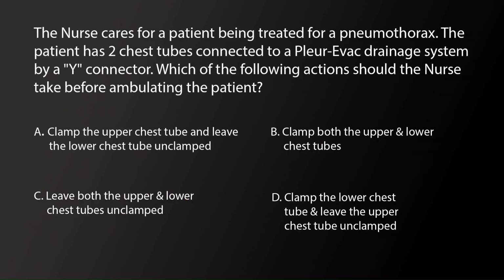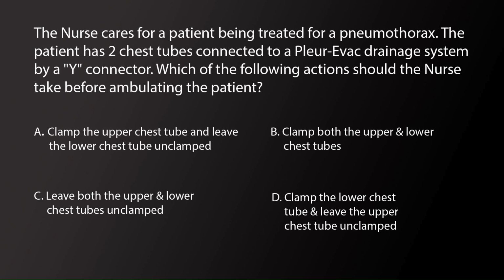Next question. The nurse cares for a patient being treated for a pneumothorax. The patient has two chest tubes connected to a Pleur-evac drainage system by a Y connector. Which of the following actions should the nurse take before ambulating the patient? Option A, clamp the upper chest tube and leave the lower chest tube unclamped.